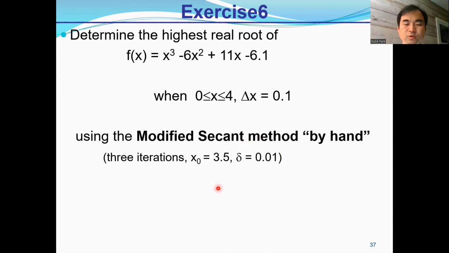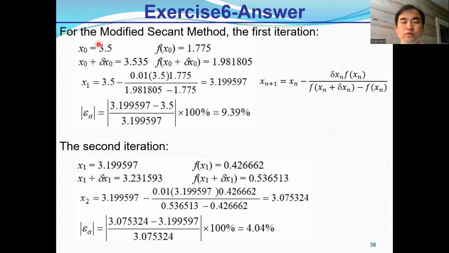So x0 equals 3.5 and delta equals 0.01. In that case, the modified secant method equation is this one, and you can calculate using this equation with x0 equals 3.5, calculate f(x0), and the delta is also assigned, so you can calculate this.